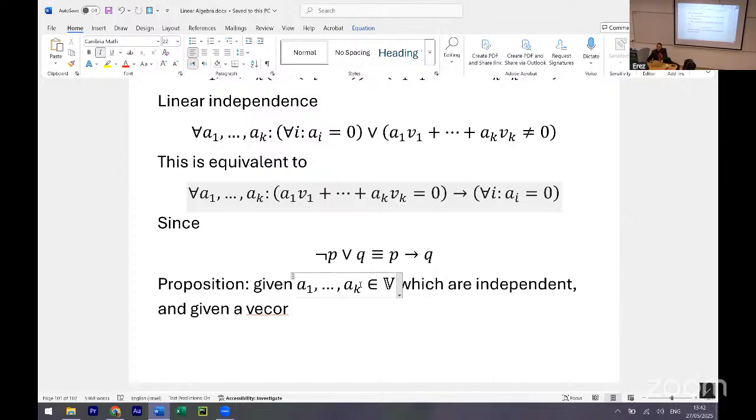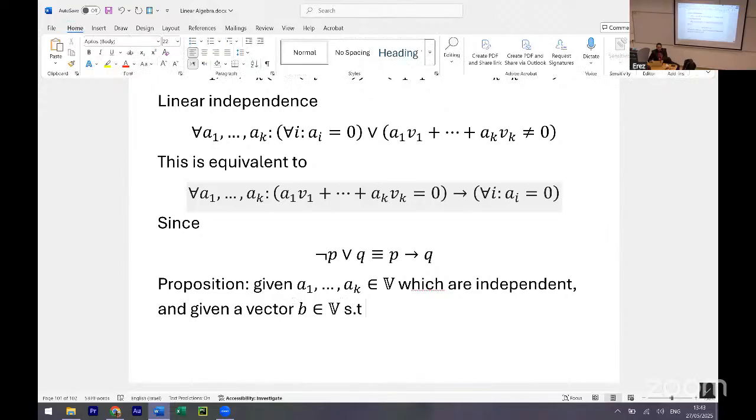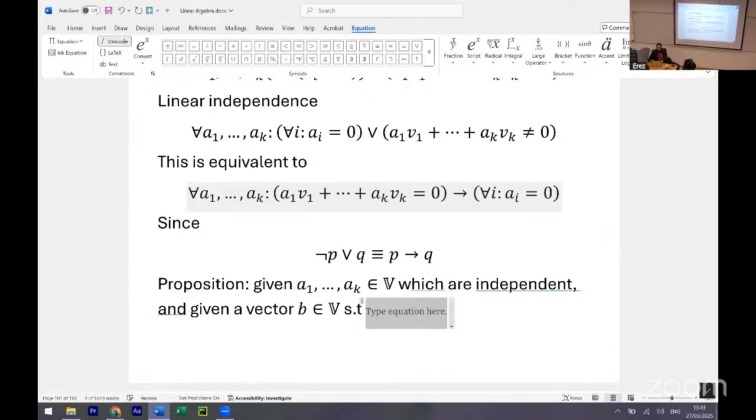Fine. So if I have K independent vectors, and given a vector B such that B is not one of the given vectors, B is not A1 to AK, another vector.